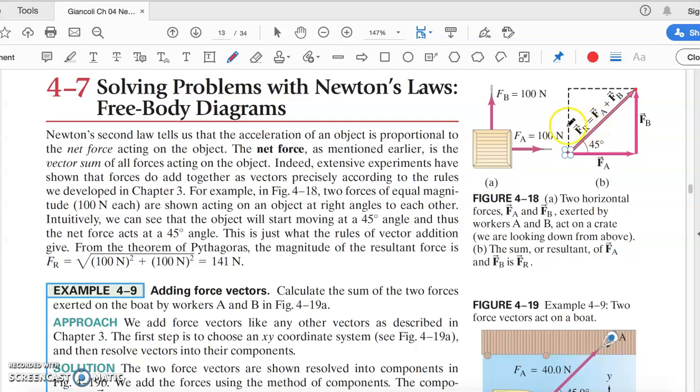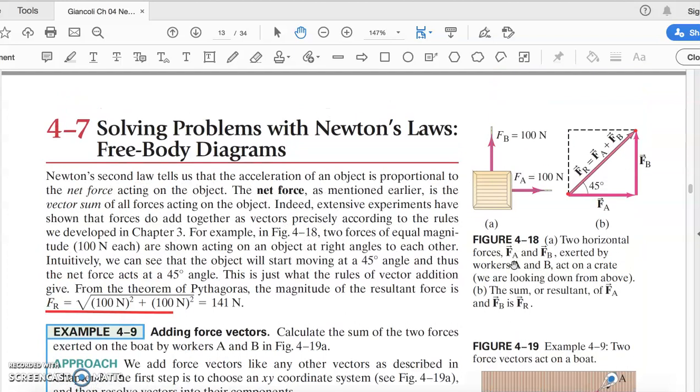The resultant force is equal to the addition of FA vector plus FB vector, and as magnitude, it will be the square root of FA squared plus FB squared. Okay? And that is how we find the resultant force. So that is the simple one.